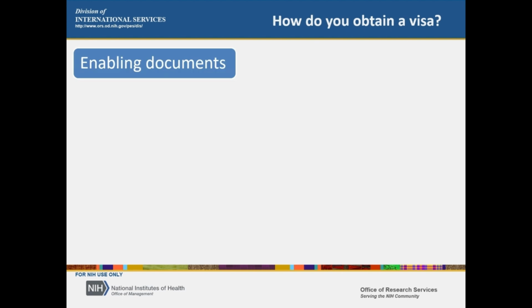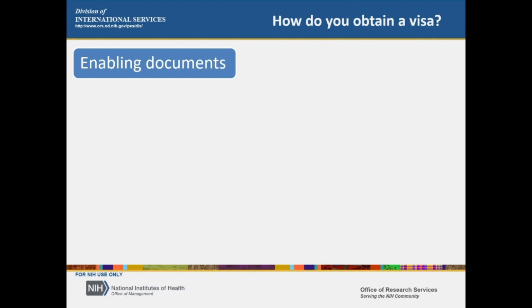How do you obtain a visa? You must apply for a visa at an embassy or consulate outside of the US using specific enabling documents that are typically issued by your employer or sponsor. Enabling documents show that you are qualified to apply for a specific type of visa.